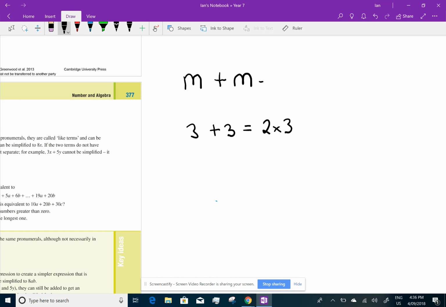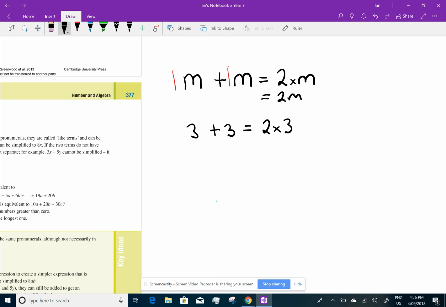The same way, I can say 1M plus 1M will give me 2 of whatever that number is. 2 lots of M. And remember, we don't need the multiplication sign. That's pretty simple, because the pronumerals operate in the same way that numerals do.